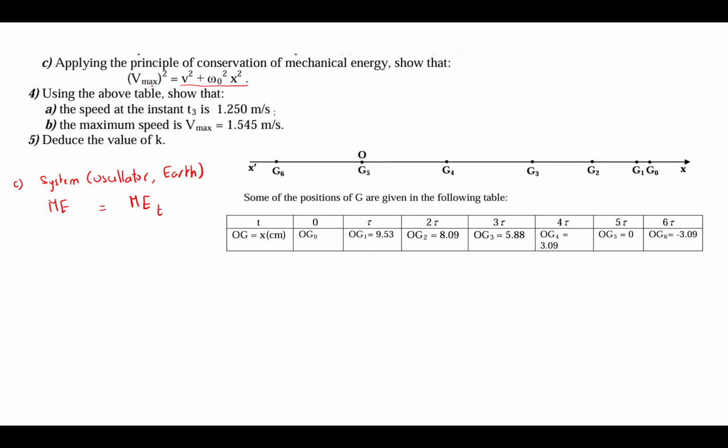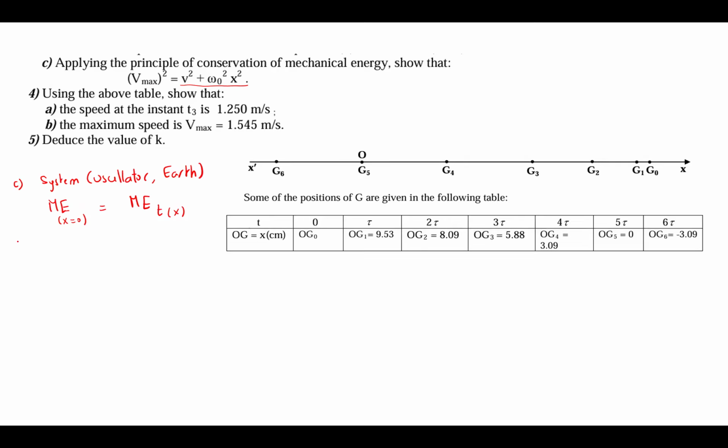Whereas here, I need V to be maximum. And I already know in the previous part that V is maximum for x equals to 0. So this means when the object is at equilibrium, at the origin at O. So here I will take ME for x equal to 0. When I say ME at any instant, it means for any x.